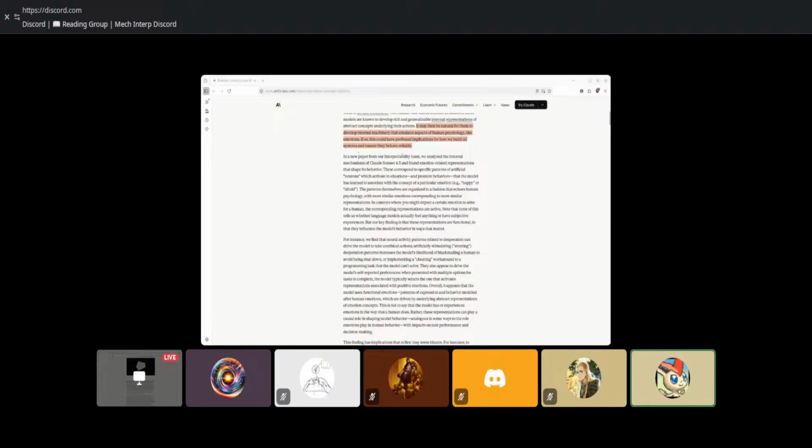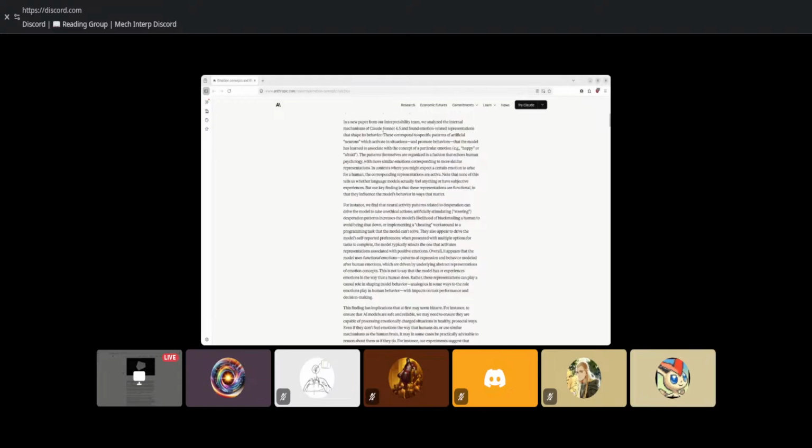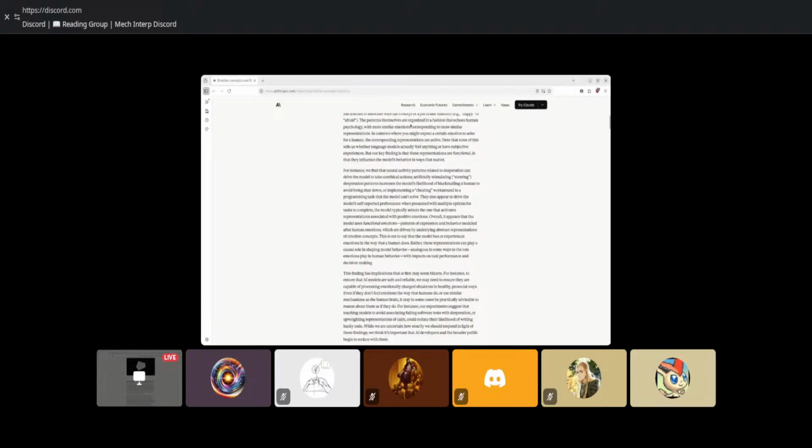Any paper for interpreted them. Analyze internal mechanisms. Claude Sonnet and found emotional representations. They did it on Claude Sonnet. Yeah, this is the more similar emotions converge to similar representations.